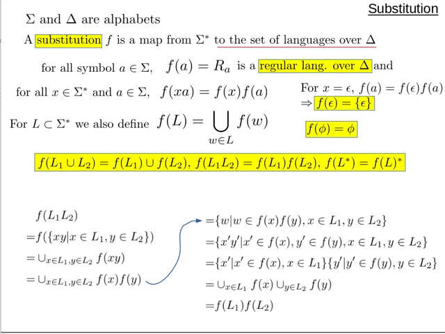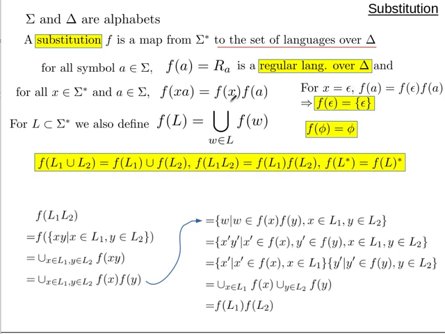Now you see that this substitution map, this f, has certain properties. So it follows from the definition. First of all, you see that f of epsilon, this empty string, is the singleton set containing epsilon.